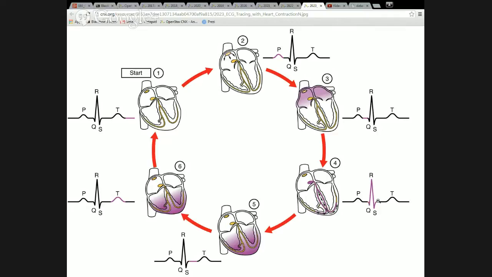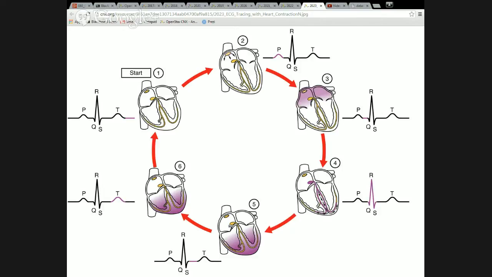And that's when we see the QRS complex. And then as it spreads through everything, as the ventricles are depolarizing, we see the sort of flat line in between QRS and T. And then as it's spread all the way through the ventricles, and the ventricles are starting to repolarize again, that's when we see the T wave.